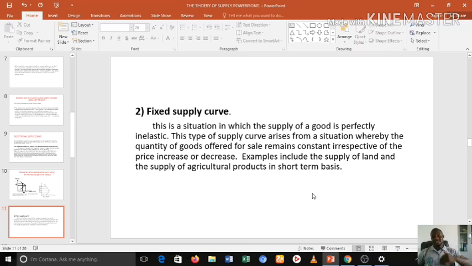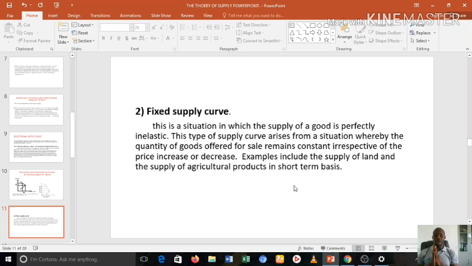So whether the price increases or decreases, we must still supply the agricultural products in the market at that particular time. That is why we say it is on a short-term basis. We are supplying them on a short-term basis because they are perishable in nature. All agricultural products are perishable, and even if the price for agricultural products goes up or fluctuates, if it goes up or comes down, suppliers will still supply these goods in the market. They don't have a choice.